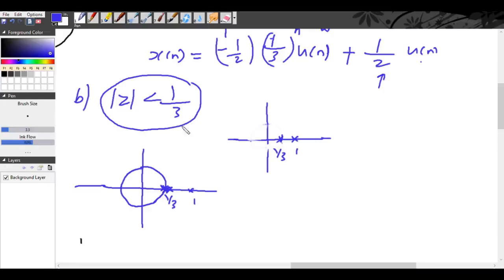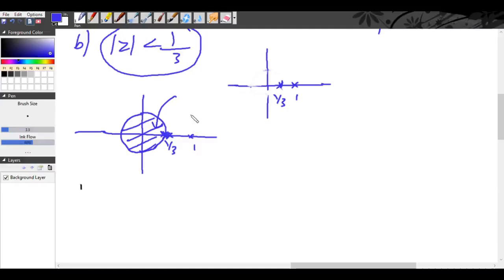Okay? And the region of convergence is definitely lesser than 1 by 3, this section is the region of convergence. Since it is inside the circle, what does it mean? Region of convergence is inside the circle means the given time sequence is a negative time sequence.